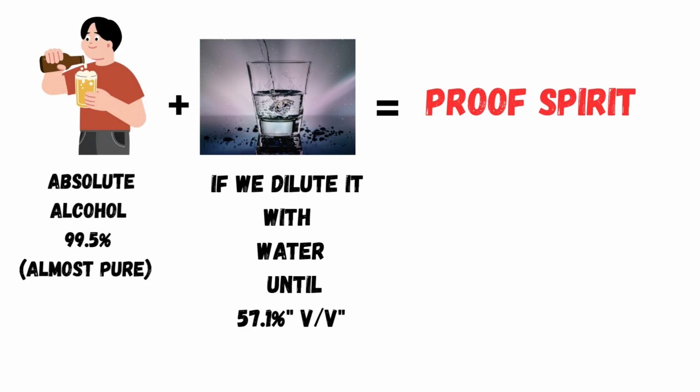So when such alcohol, that is absolute alcohol, is diluted with water until the concentration becomes 57.1% volume by volume, that solution is called proof spirit. So in simple words, when 99.5% absolute alcohol plus water is diluted until 57.1% volume by volume, the solution is called proof spirit.